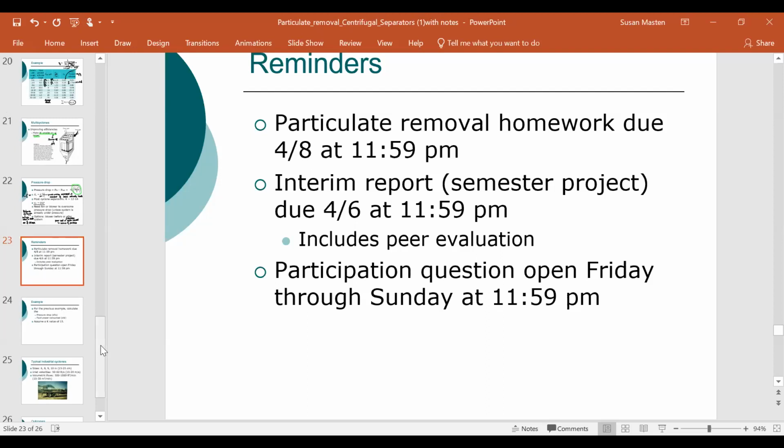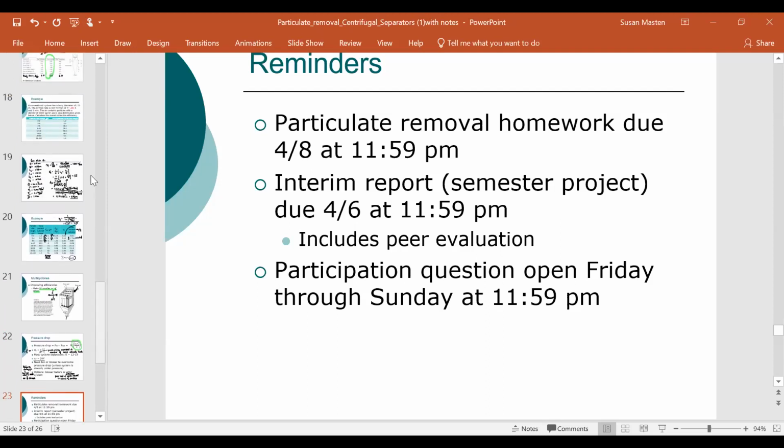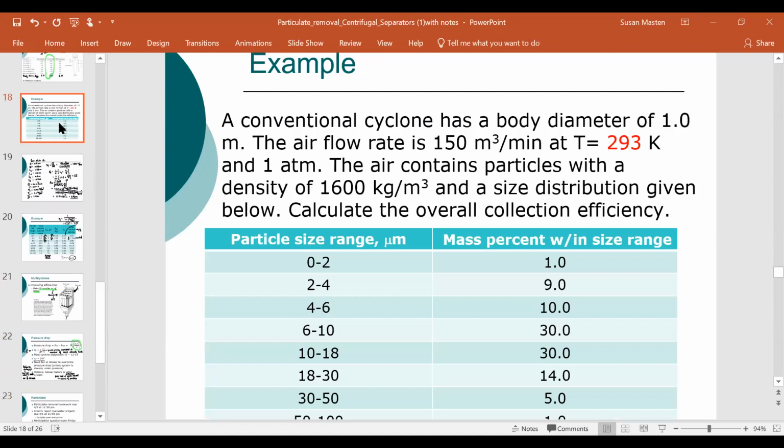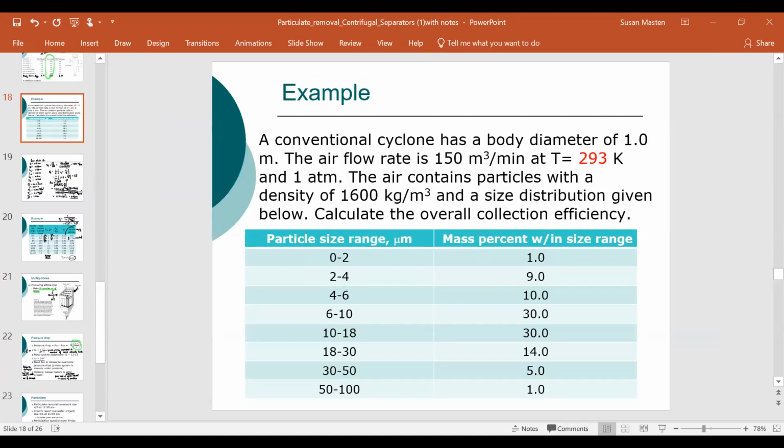So let's continue that problem. I just want to go back to one mention here. When I set up this problem the other day, it was actually a similar problem in the textbook. They actually had 350 Kelvin. What we solved was actually for 293 Kelvin, so it's about 20 degrees Celsius.